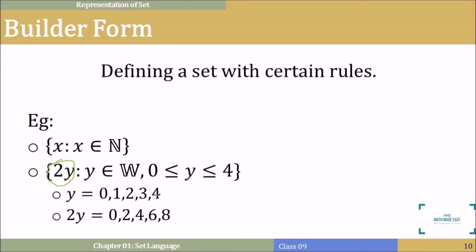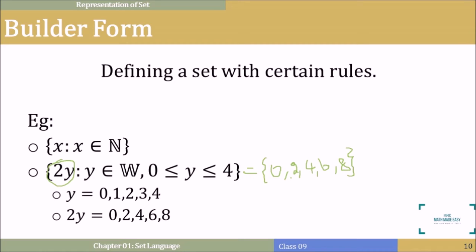So we have found y here, multiply each element by 2. So 2y is actually equal to 0 times 2 is 0, 1 times 2 is 2, 2 times 2 is 4, 3 times 2 is 6 and 4 times 2 is 8. So this set is actually 0, 2, 4, 6, 8.